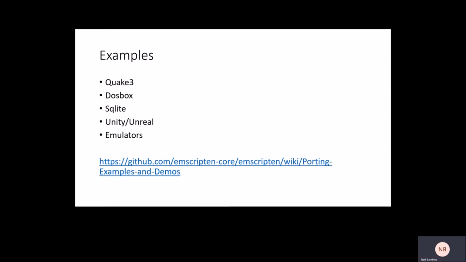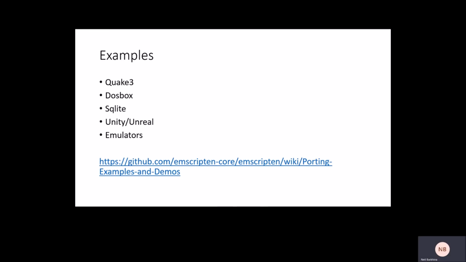So I think that's just something I also wanted to mention. A couple examples. Definitely take a look. I posted a link here on the slides, but they've ported things like Quake 3, DOSBox, SQLite. These are all desktop applications, but because of the beauty of Emscripten and WebAssembly, they were able to port them very easily.